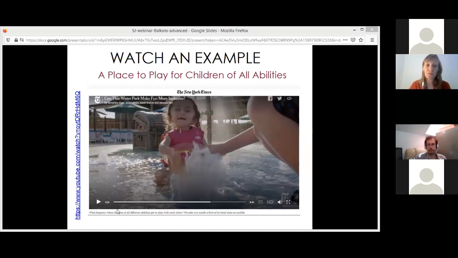And then we have details about how it works. One of the essential details was that, well, for a water park, you need a special wheelchair that's not run by battery, otherwise it would clash with water. But they came up with an air-run wheelchair, which was an important element of the solution.